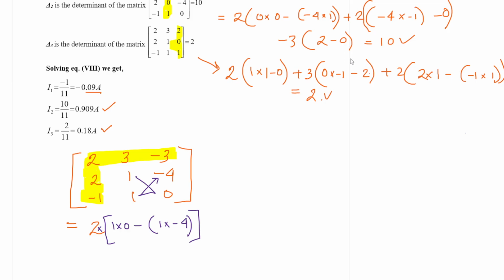Next, let me write the matrix again: 2, 3, minus 3, 2, 1, minus 4, minus 1, 1, 0. Now you need to consider this 3. So you need to suppress the respective row, that is the first row and the second column.